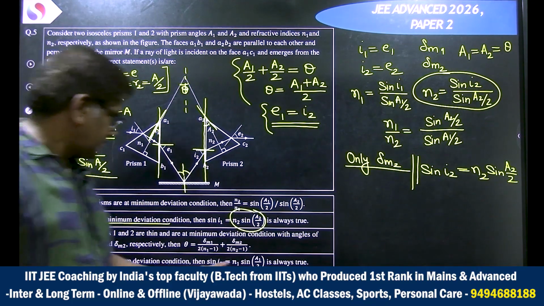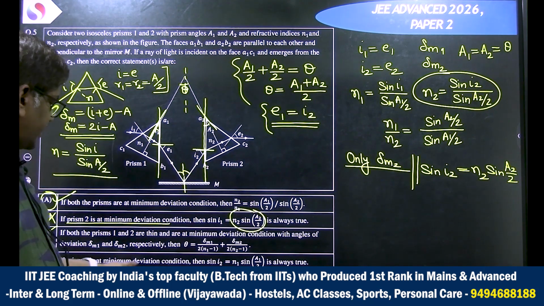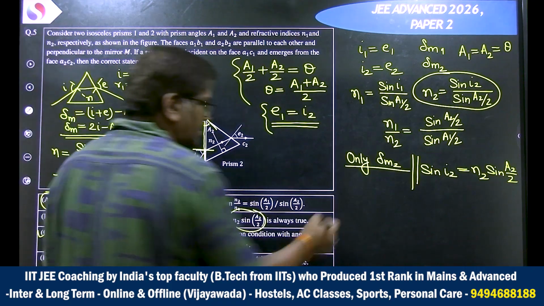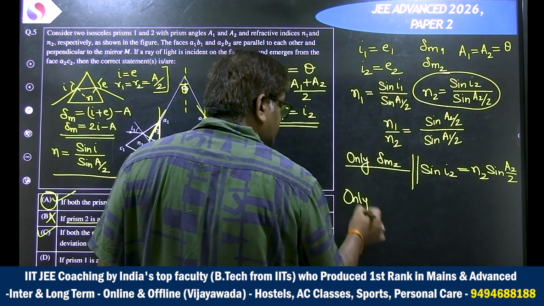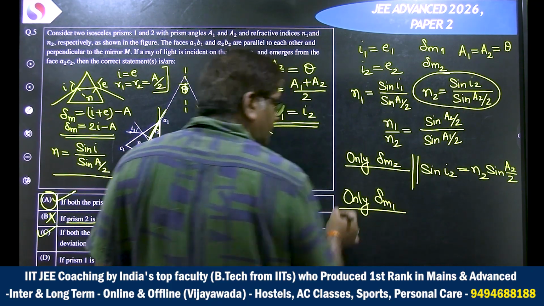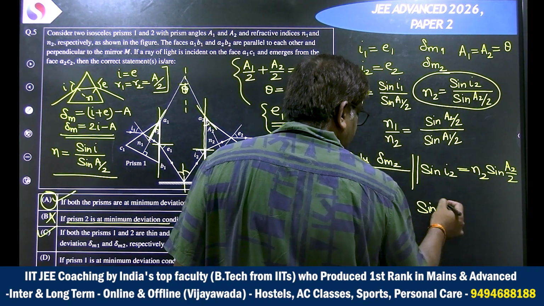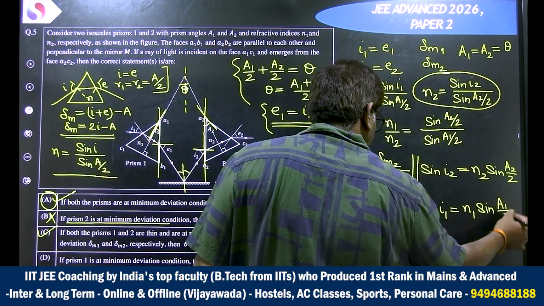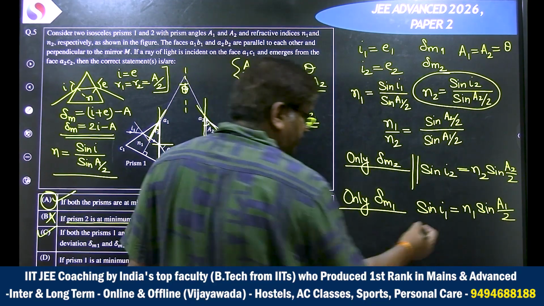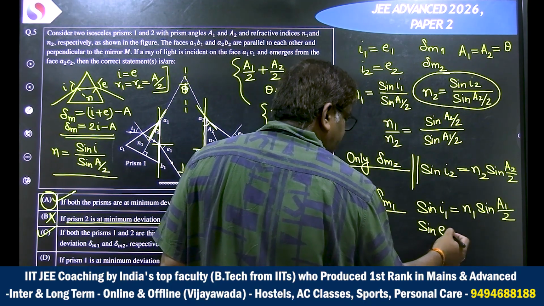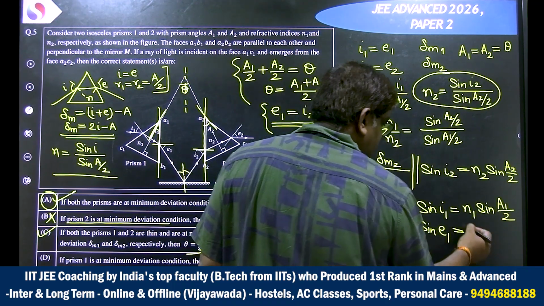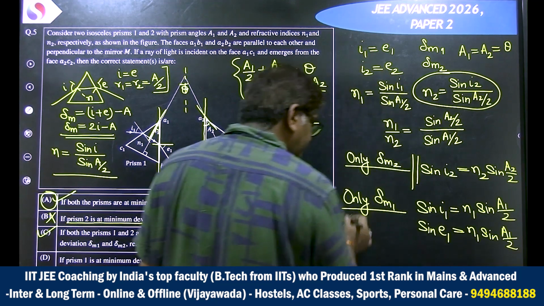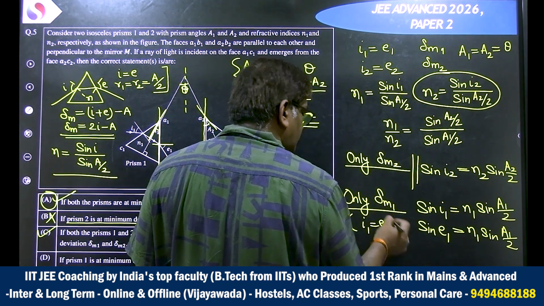Now the fourth option, if prism 1 is in the minimum deviation condition. So if only prism 1 is in minimum deviation, what? Sine of I1 is equal to N1 sine of A1 by 2. Since it is a minimum deviation, this is also equal to sine of E1, that is equal to N1 sine of A1 by 2, because you know that for the minimum condition I1 is equal to E1.